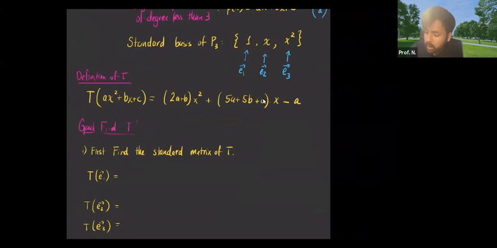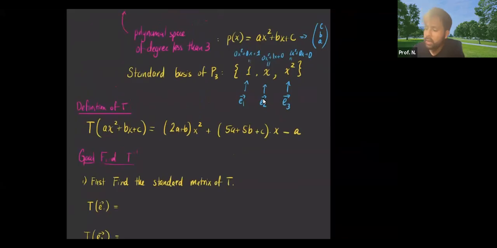This is the same thing as saying 0x squared plus 0x plus 1. And x is the same thing as saying 0x squared plus 1x plus 0. And x squared is the same thing as saying 1x squared plus 0x plus 0. That's what we can treat them as.